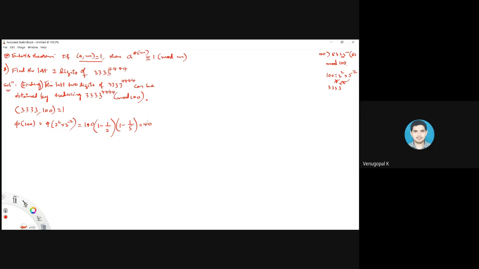That's a very interesting thing, because we can now look at this property, a power phi of m. By Euler's theorem, a power 40, that is 3333 power 40, will be congruent to 1 mod 100.